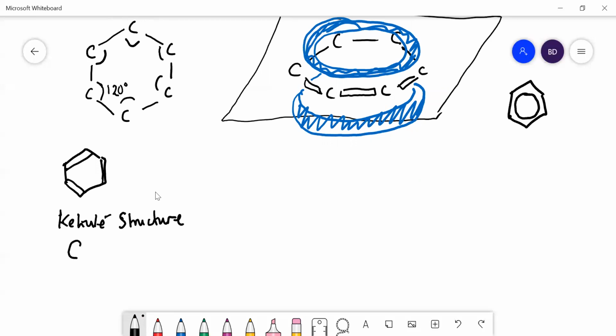He proposed it because they knew the formula was C6H6. If you look at the ratio of carbons to hydrogens, that's very unsaturated, and no one could quite work out what was going on. Then he proposed that if it was a cyclical molecule, that would explain things. So we call it the AQA structure, which doesn't exist except in our heads. And this is the real structure.